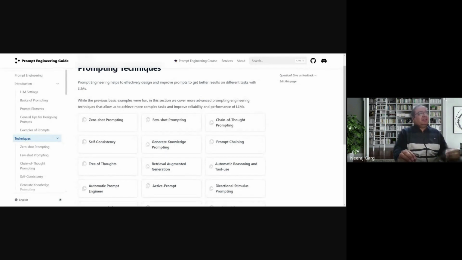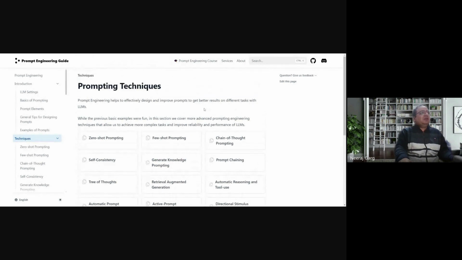For example, we are using the foundation model for sentiment analysis. If we give the foundation model a couple of examples, that this is an example of negative sentiment, this is an example of positive sentiment, this is an example of neutral sentiment, and we give more than one example, that is called few shot prompting.